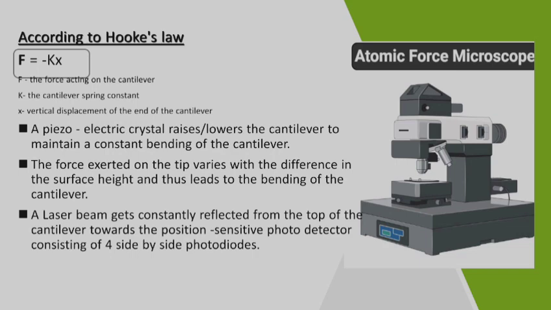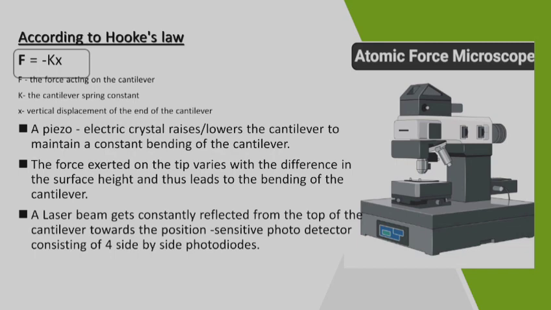So the piezoelectric crystal is the controlling system for moving the cantilever up and down. Actually, we say the cantilever is moving up and down, but the real case is that in an atomic force microscope it is the sample table, that is the sample, which is moving up and down towards the cantilever tip. But we say the cantilever is moving up and down while explaining the concept.